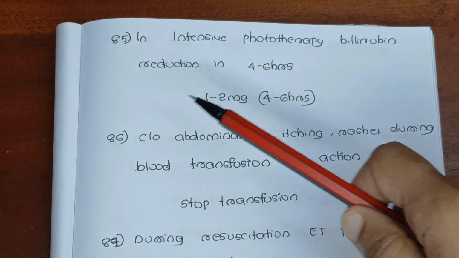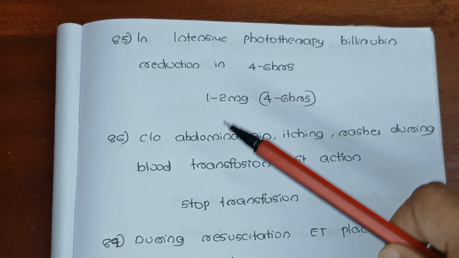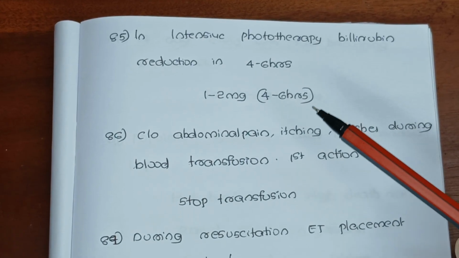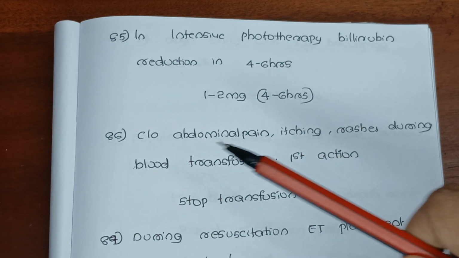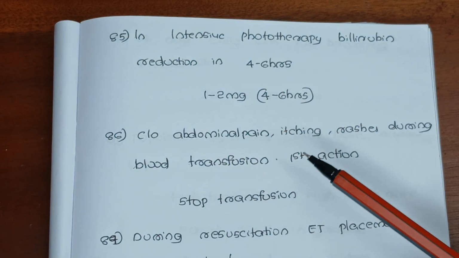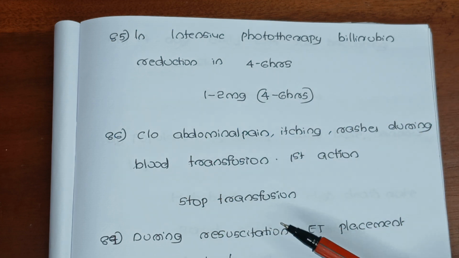85. In intensive phototherapy, bilirubin reduction in 4 to 6 hours is 1 to 2 mg; then only is the phototherapy called effective. 86. Patient complains of abdominal pain, itching, rashes during blood transfusion. First action is to stop the transfusion.